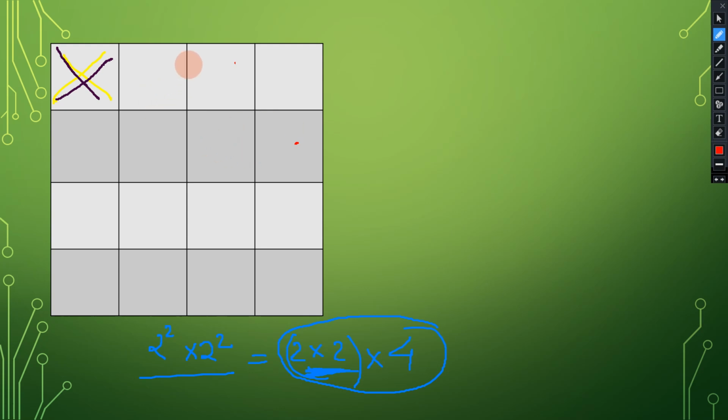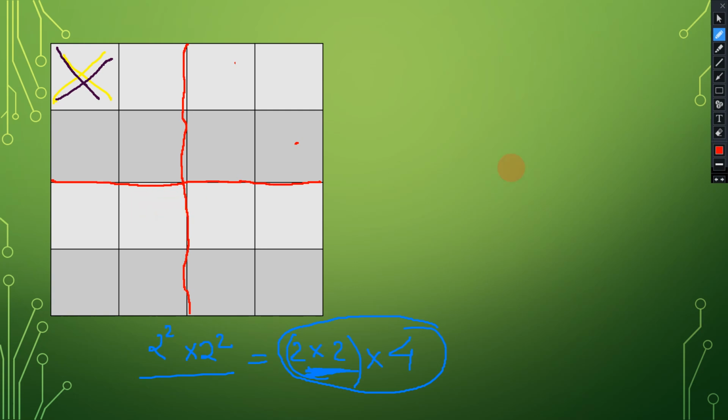Okay, so now I will color the board, divide the board into 4 problems of size 2 cross 2. So here we have 4 problems of size 2 cross 2. I know from the previous slide that when one tile is removed from a 2 cross 2 checkerboard, I can tile it.